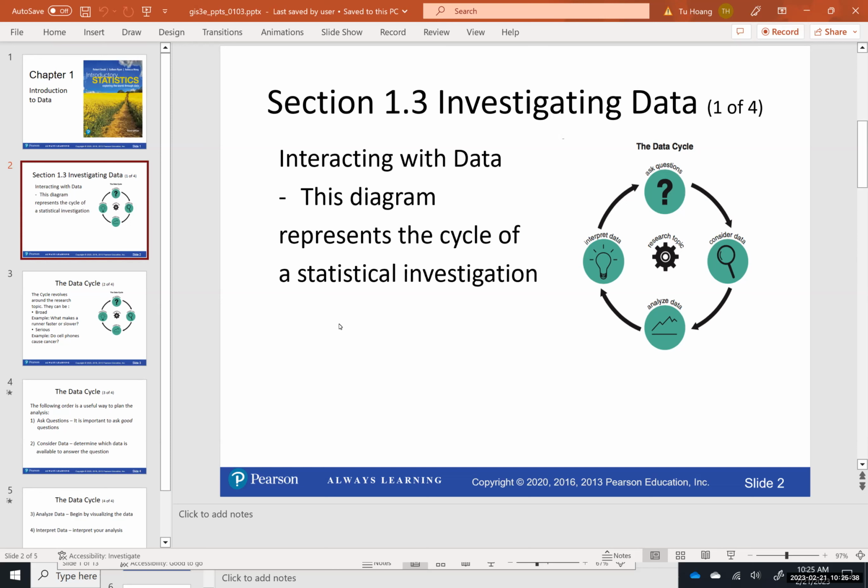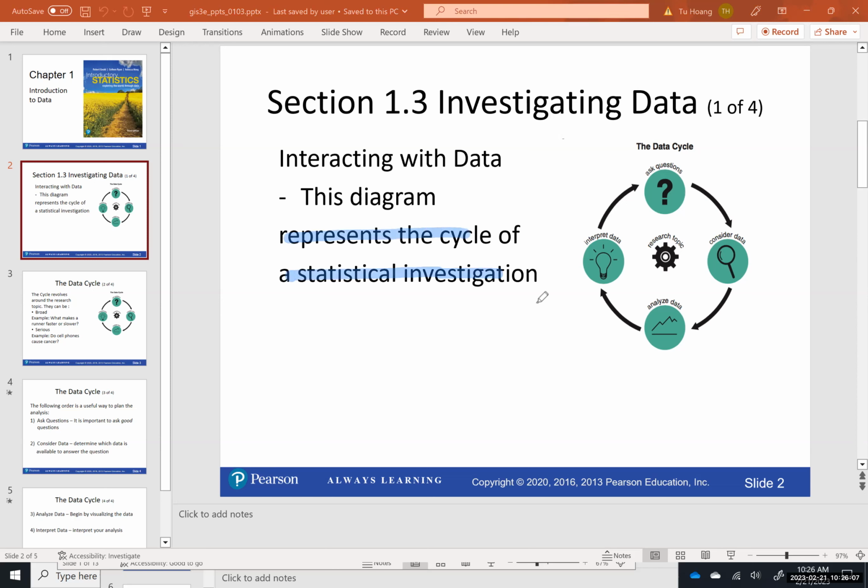Okay. So for investigating the data, we are interacting with data by this diagram over here. It represents the cycle of the statistical investigation.